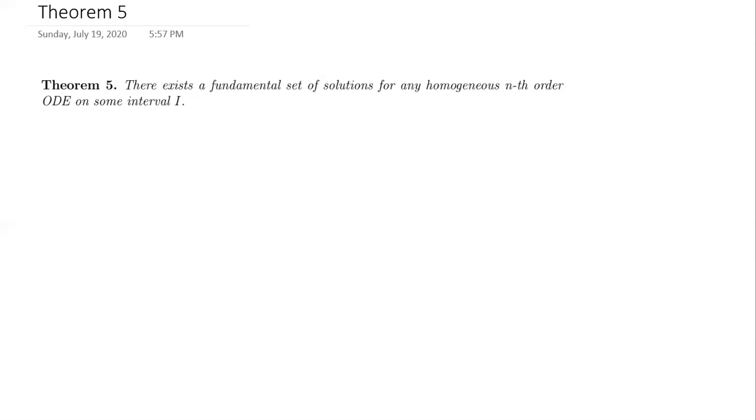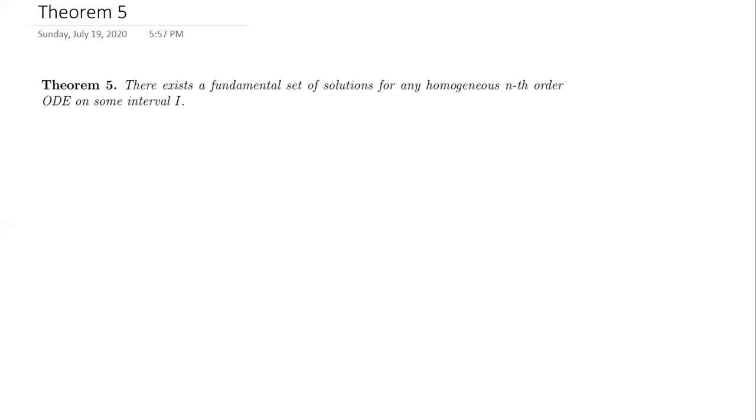This goes back to what we talked about in Euler's method and the existence and uniqueness theorems: if we know that no solutions exist, there is no point in looking for them. But this theorem answers the question for us. This theorem is saying that there always exists a fundamental set of solutions for any homogeneous nth order ODE on some interval I. We don't know what that interval I is, but we know it exists, and that on that interval a fundamental set of solutions exists.